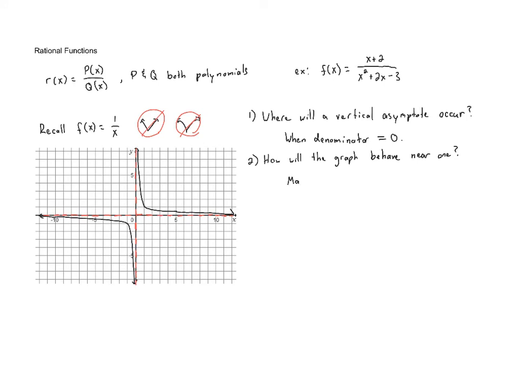So we need to make a table of values near the asymptote on both sides. And that's exactly what we're going to do in the next video. We're going to go through this example to find out where the vertical asymptotes are and also what's happening to the graph near them.